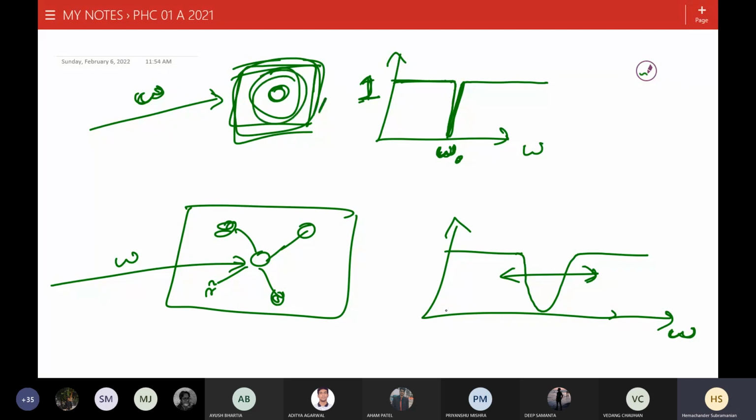There is only one vibrational state available, and that's why you have this. When you put that in the crystal, there can be many possibilities of the atom vibrating, of the electron vibrating. It can vibrate here, it can vibrate along this one, and the other electrons are also going to influence the electron's vibration. So there are many possible ways or many possible frequencies of vibration for the same electron.